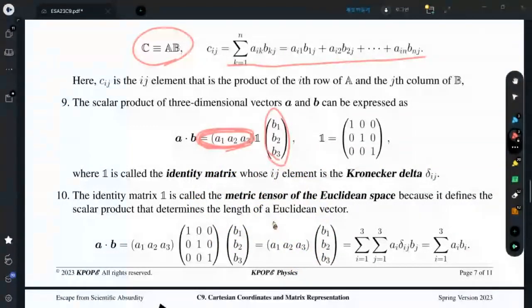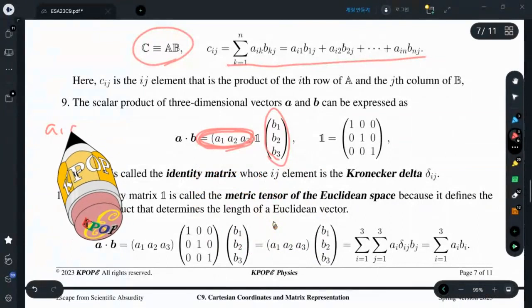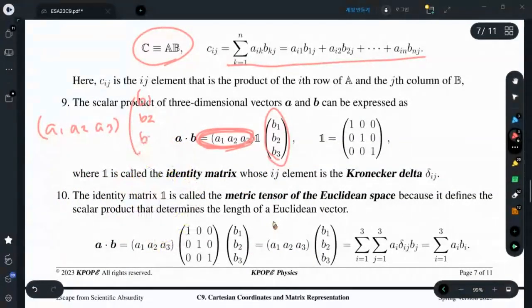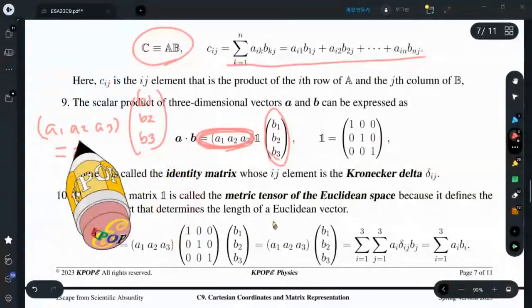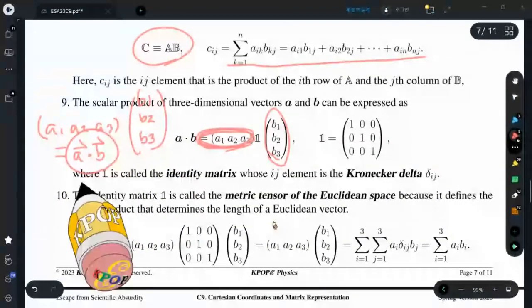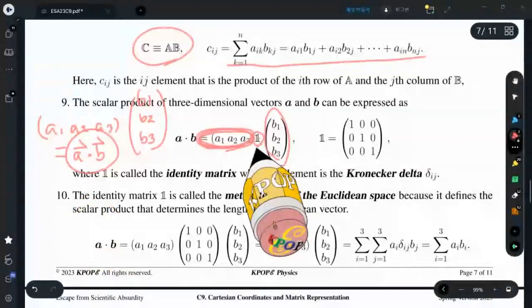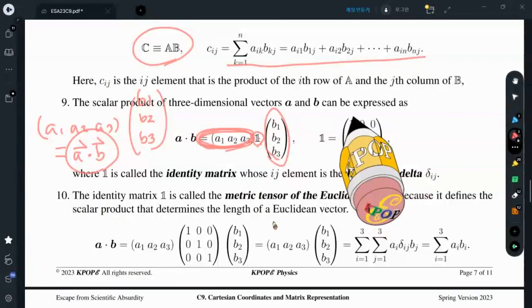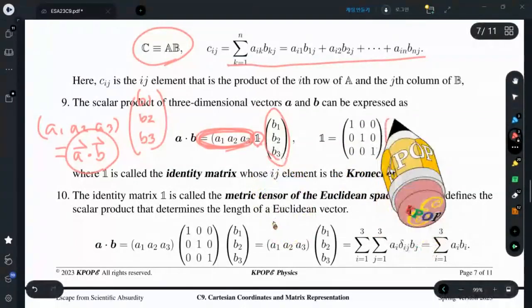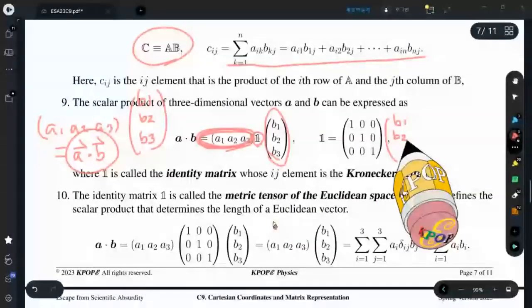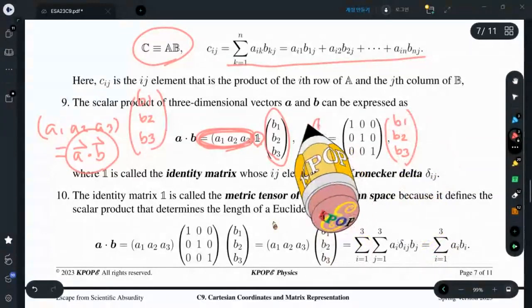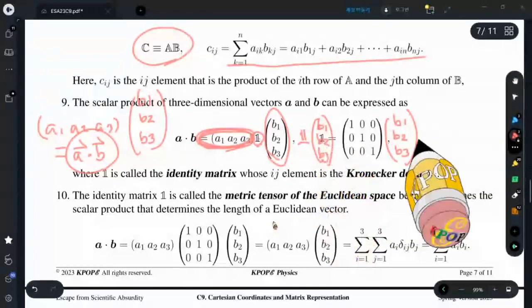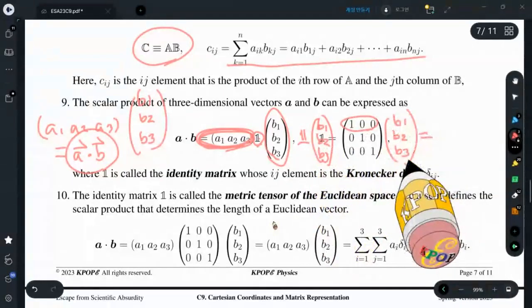By the way, we remember A1, A2, A3 and B1, B2, B3 is nothing but the scalar product. However, I can insert an identity matrix. Let's see this identity matrix, and we multiply B1, B2, B3. So that is identity multiplied by B1, B2, B3. What's that? Row and column.